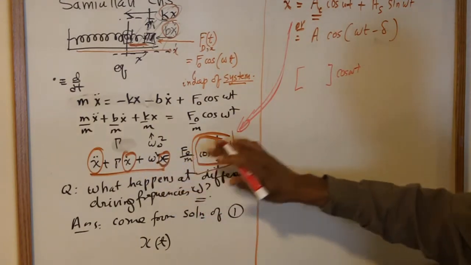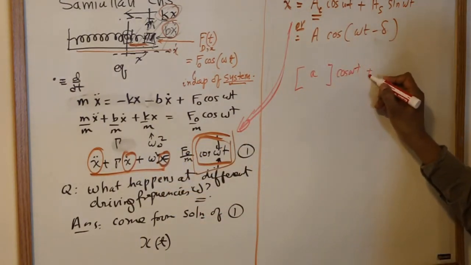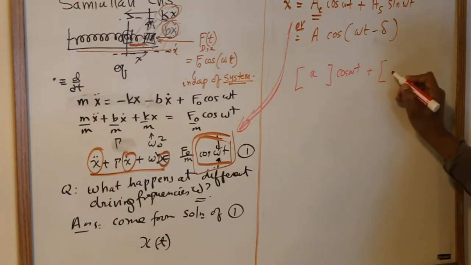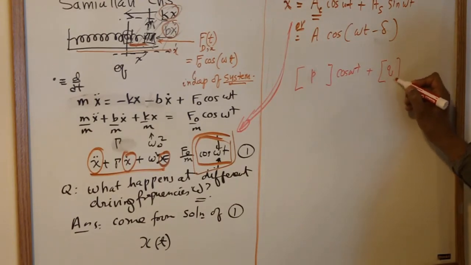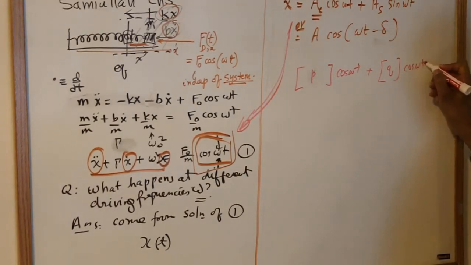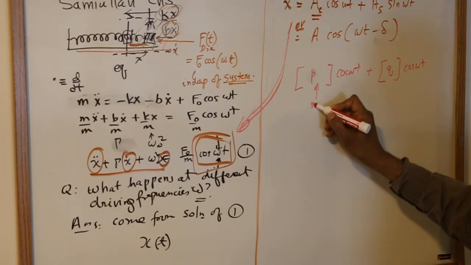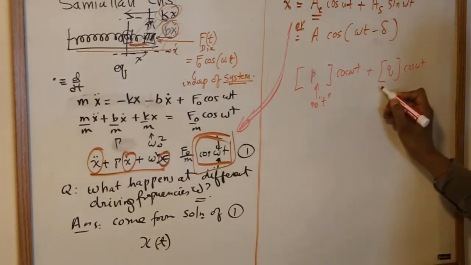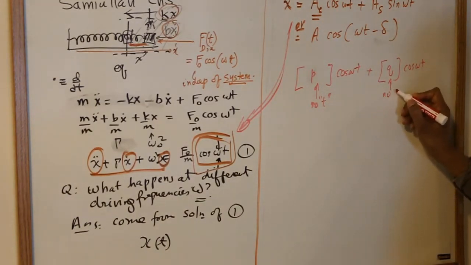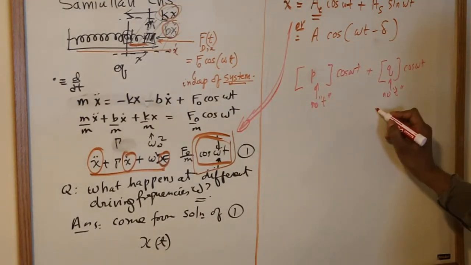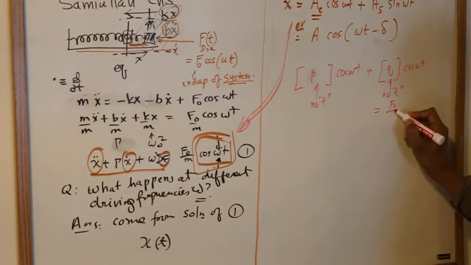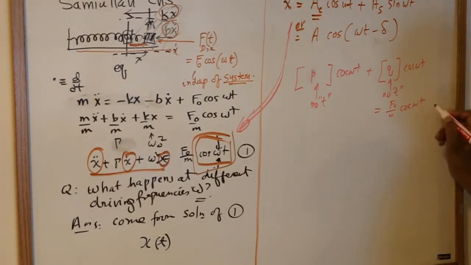I'm going to generate on the left side some constants, let's call them p and q because I already used b over there, p and q, and cosine omega t. So these guys are independent of t, and on the right side I have f naught over m cosine omega t. So that's what will end up, right?